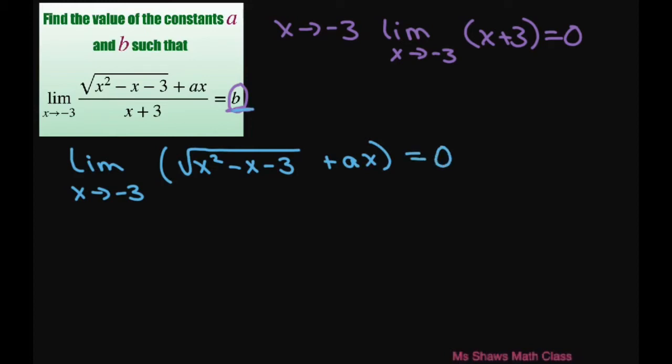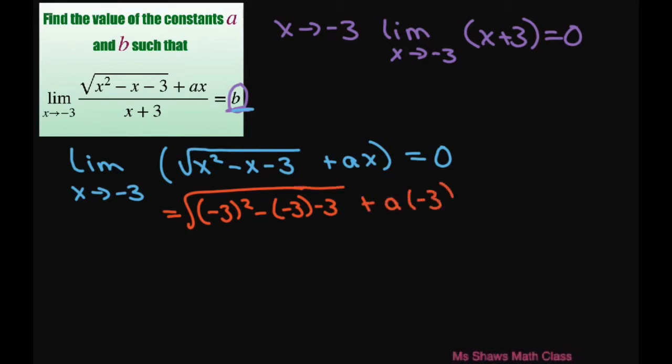Now let's substitute everything in. This is going to give us square root of -3 squared minus (-3) minus 3, plus a times -3.